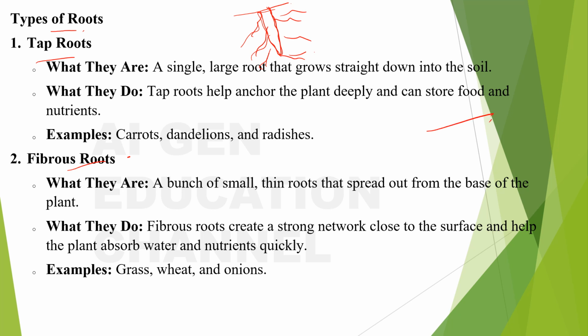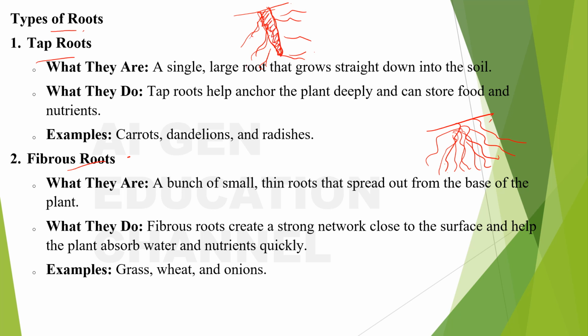And how about the fibrous roots? It will go like this. It's like fiber. There is no one specific larger structure that can be differentiated. Here you can find the difference. This is a tap root, one big one with smaller ones.